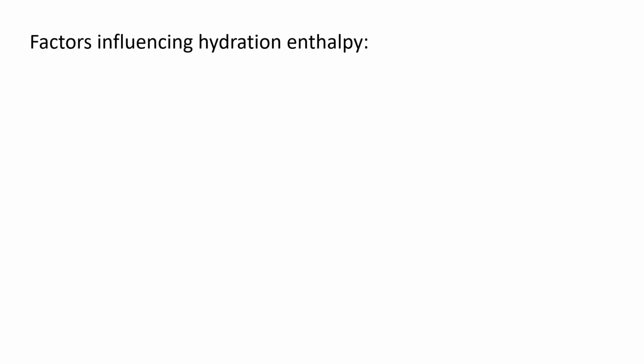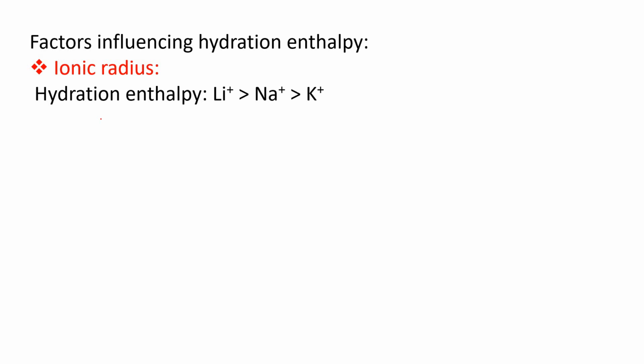Now coming to the factors influencing this hydration enthalpy. First one is ionic radius. Look at here, this hydration enthalpy, already you know the definition of hydration enthalpy. Lithium ion is greater than sodium, greater than potassium.